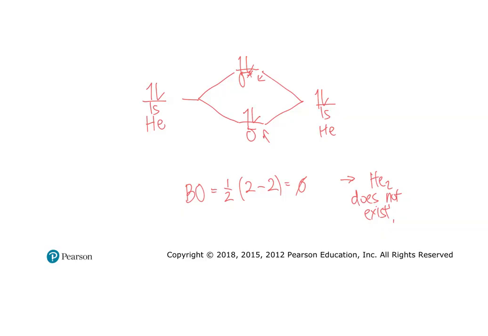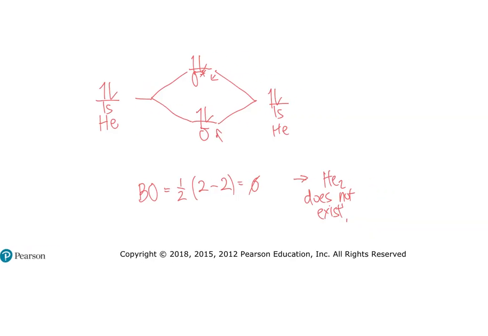For the electron configuration, we take our sigma 1s and say there are 2 electrons in there, and then our sigma antibonding 1s orbital also has 2. So this would be the electron configuration of the helium molecule.